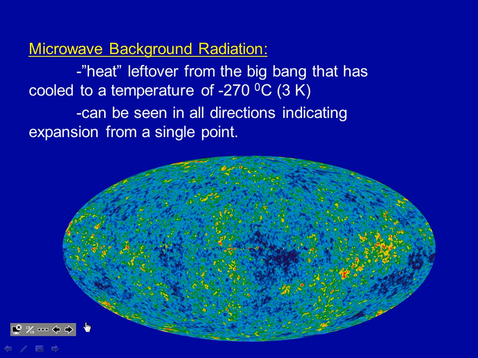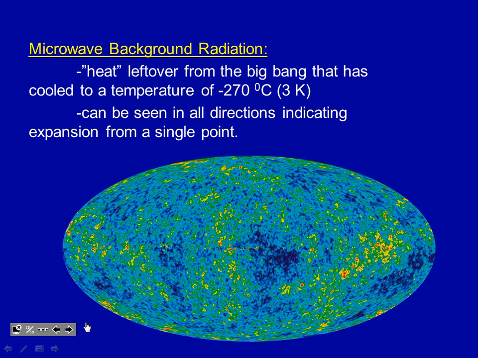Anyway, okay. When we look out into the sky with a telescope that looks at a particular color of light, which is a very cold temperature, we see this structure. We believe this to be kind of the map of that original Big Bang. Again, it's called microwave background radiation.